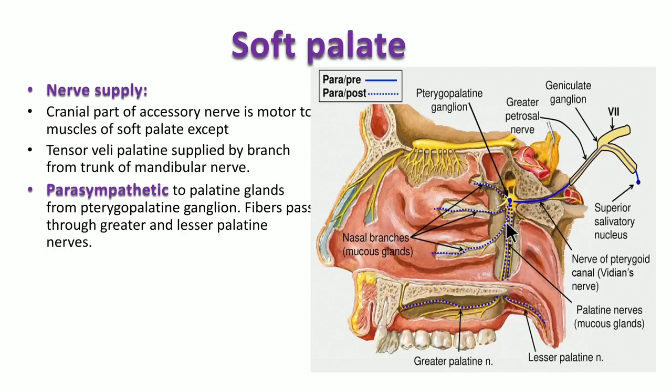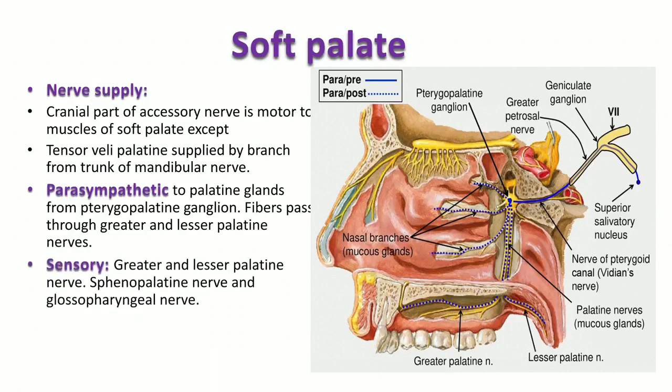Again, the pterygopalatine ganglion we have discussed in detail. It arises from the lacrimatory nucleus of the pons, passes to the facial nerve, geniculate ganglion, greater petrosal nerve, nerve of pterygoid canal, and relays in the ganglion. Postganglionic fibers for the palate reach via the greater and lesser palatine nerves. So that is the parasympathetic supply.